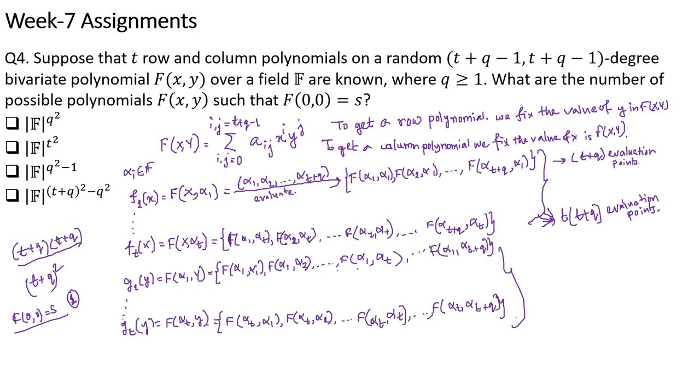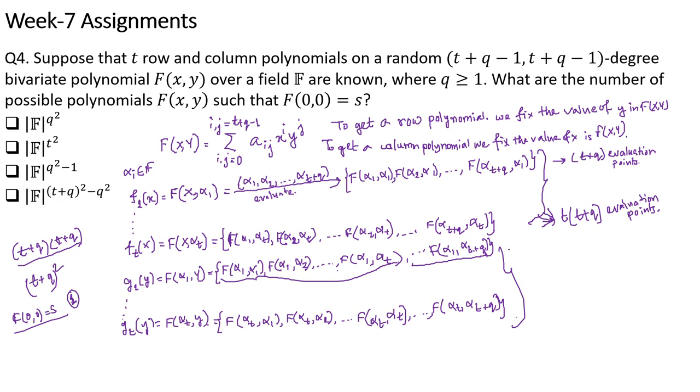Now notice that till this point the information is redundant because it is already obtained from the first value of each set f1(x) till ft(x). Okay. But after that, f of alpha 1 comma alpha t plus 1 is a new point. So starting from alpha 1 comma alpha t plus 1 to alpha 1 comma alpha t plus q, there are q number of points, and these q points are distinct evaluation points.